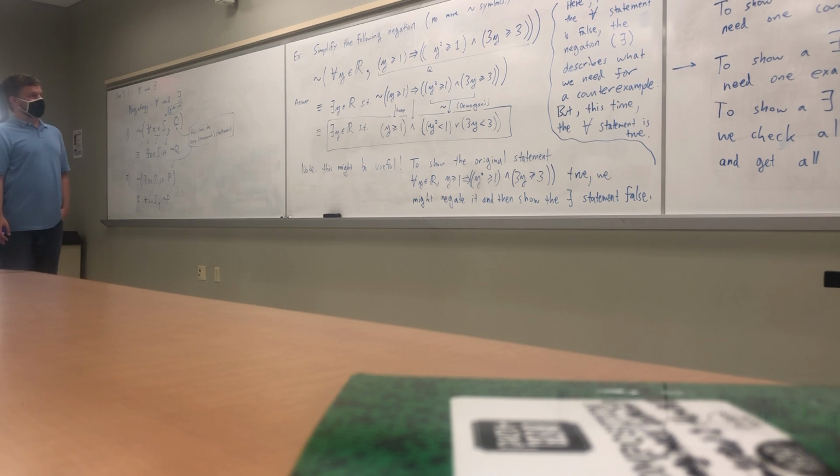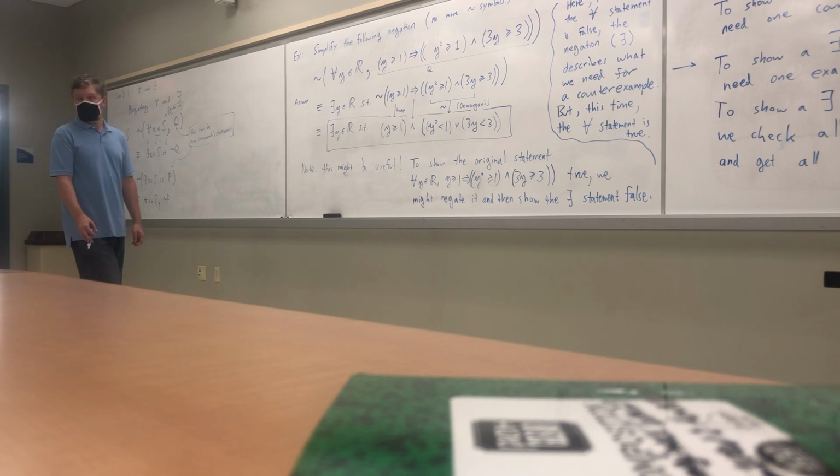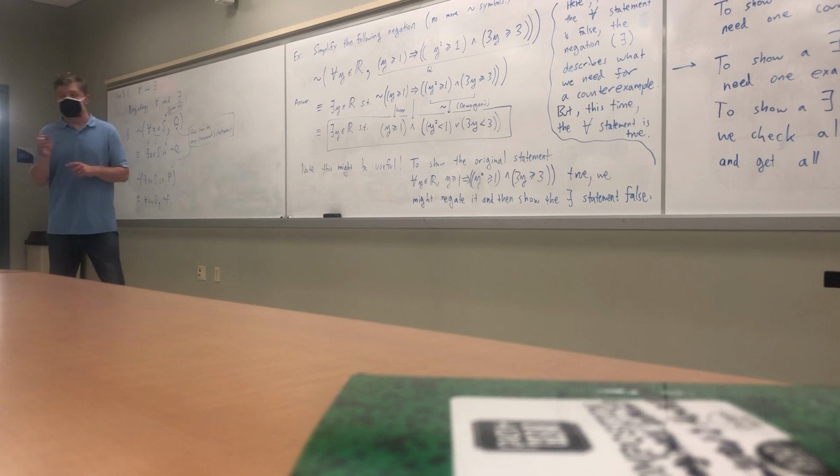The way to actually prove this one won't be by listing all of the possibilities, because it says for y element of the real numbers, and that's an infinite list. Instead, we'll have to break it down into some things that we can substitute in, make some assumptions about the y, and then substitute them in and check that whenever the first part is true, the second part has to be true too. That's for the next section.